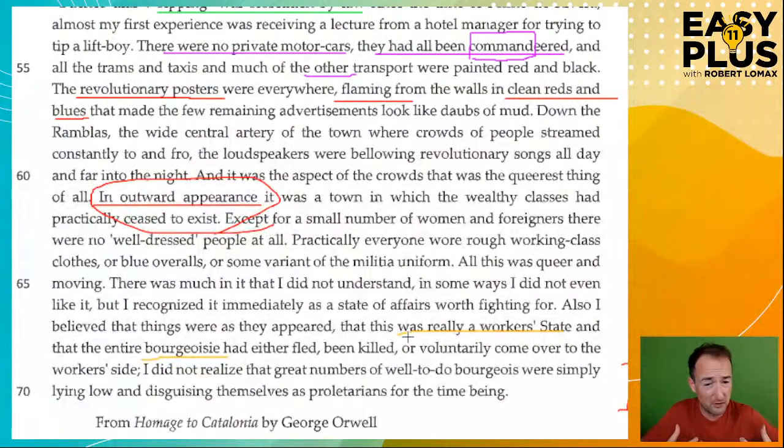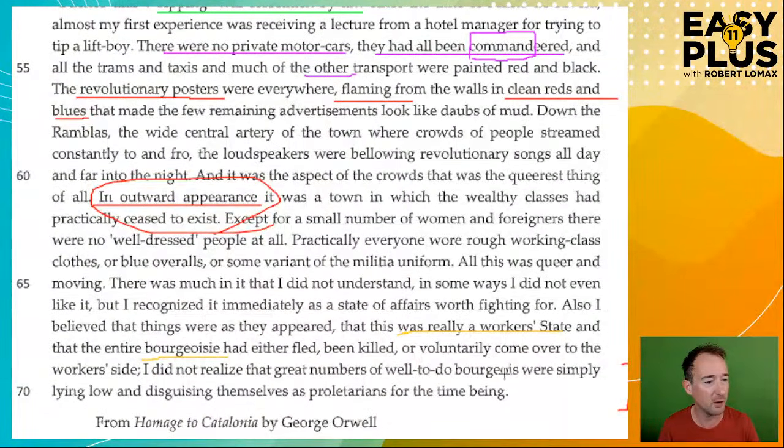So the bourgeoisie must be the other side from the workers. What could that be? Maybe it's the army, maybe it's the government, maybe it's the people who aren't workers. If you aren't a worker, what are you? You're probably a person who tells people to do work for you, for example. So a few options there.